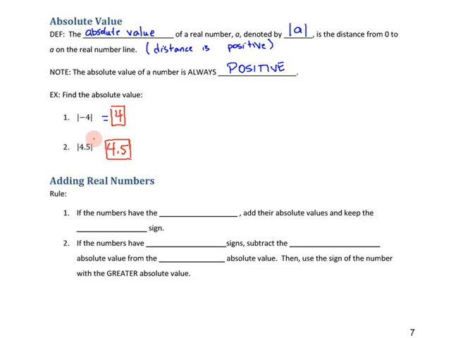Now I'm going to use the term absolute value in the steps that we use to perform our operations on real numbers. So for example, if we're going to add real numbers, here's how we do that.